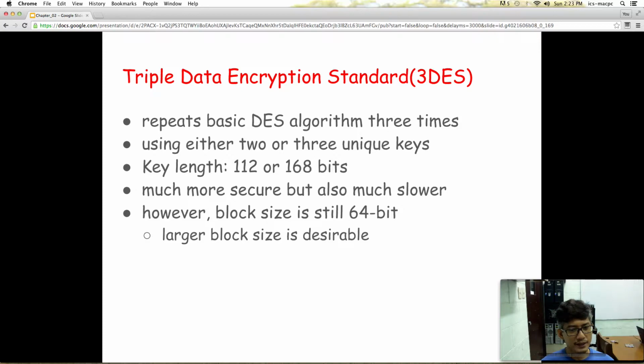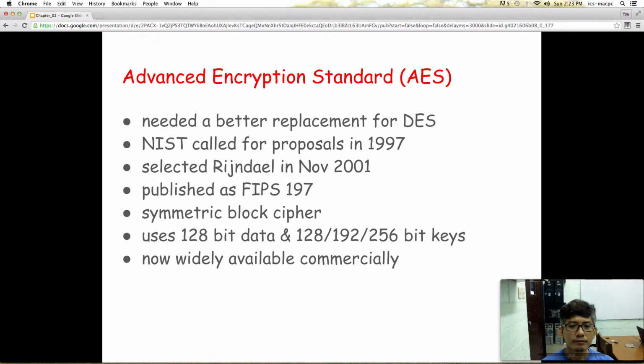It is much more secure because of the repetition, but also slower because of the additional steps. The block size is still 64 bits, and ideally you should have a larger block size.